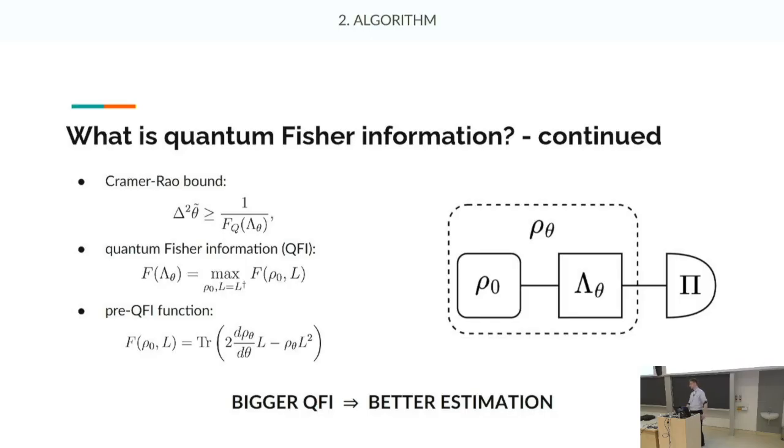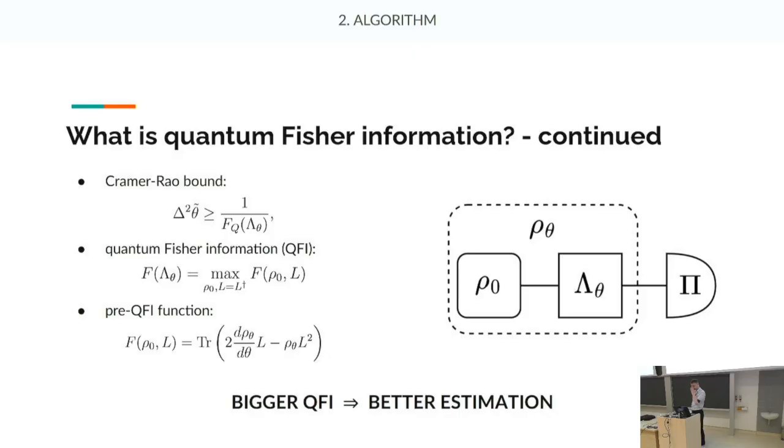Simpler questions. When you do the optimization over many Cs, is this like a multi-dimensional seesaw where you go one by one in many dimensions, or is it some kind of collective optimization? No, it is for each C separately. Okay. And the other simple question: the pre-QFI, is it really just the classical Fisher for the specific rho and L?